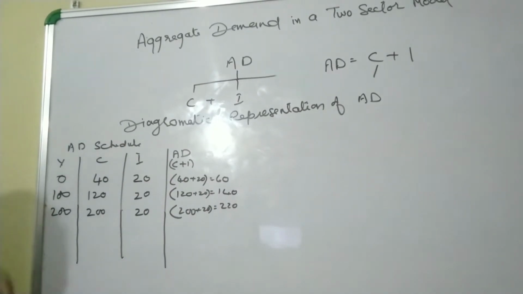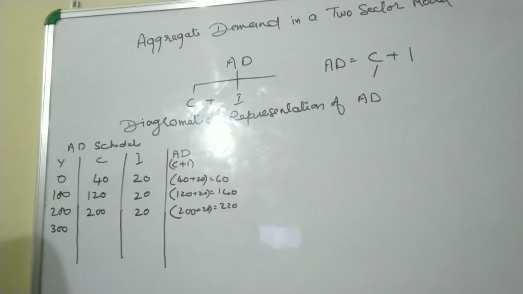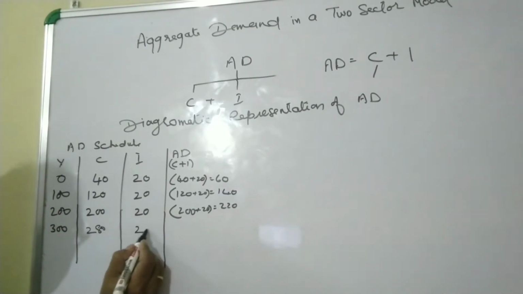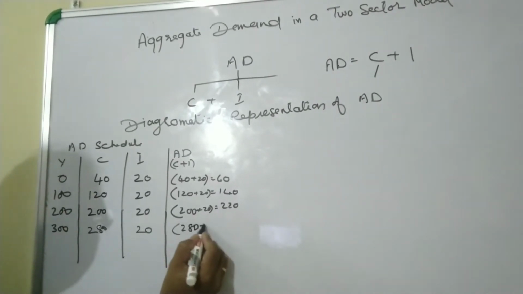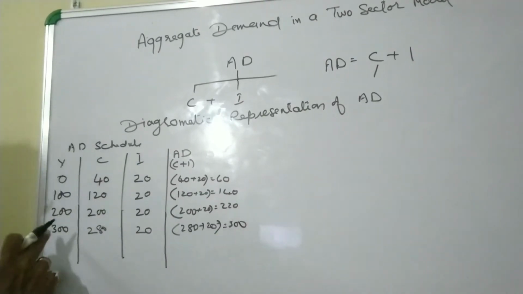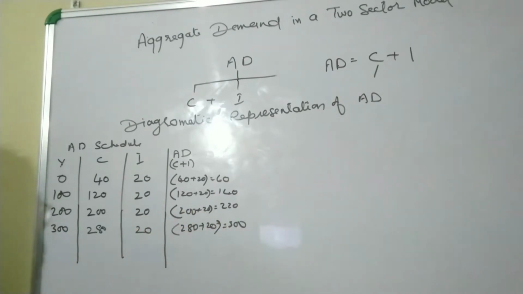Then your income goes on increasing, that becomes 300. When income is increasing to 300, your consumption expenditure is increasing to 280, and your investment expenditure will remain same. So this is going to be 280 plus 20 is equal to 300. So here your income and aggregate demand both are same.